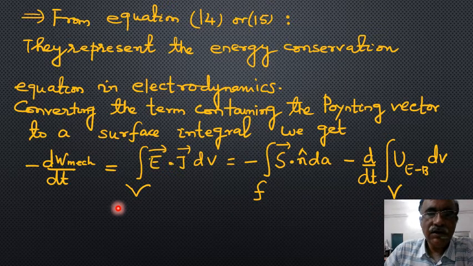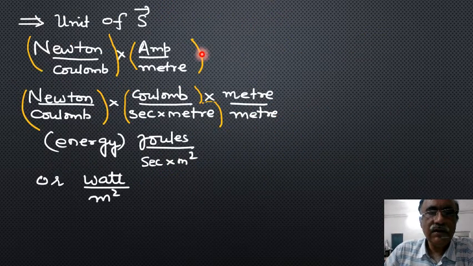So this is the integral form of the Poynting's theorem, and similarly we can get the differential form of the Poynting's theorem. One final thing we should remember is, what does this Poynting's vector signify?